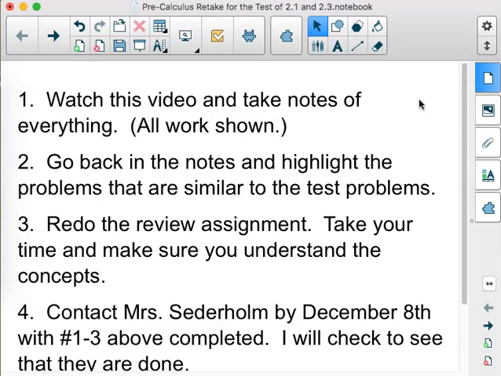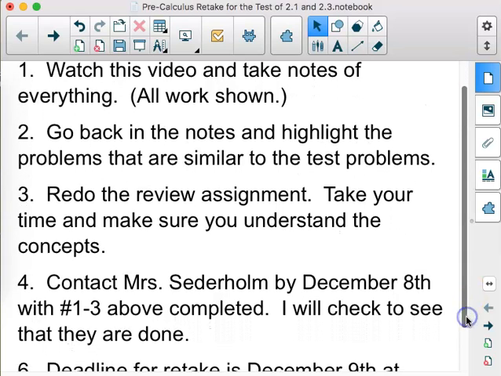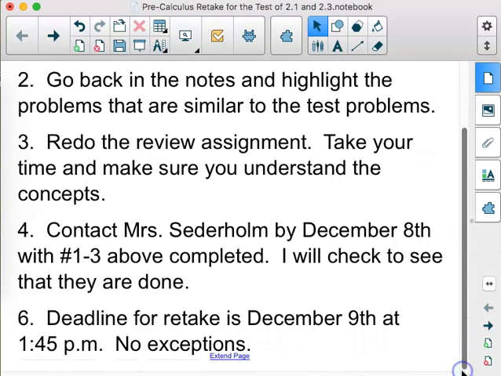Everything for retakes is done through email, so Schoology is kept for just the initial test that we take, test number 1, and then all the retakes are done through the email process. So again, once you have all of this done, you can make a little video of yourself flipping through all of the things that you've done, showing all of these conditions have been met, and then we'll talk about when I should open up that test for you.